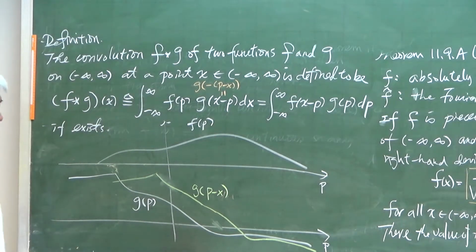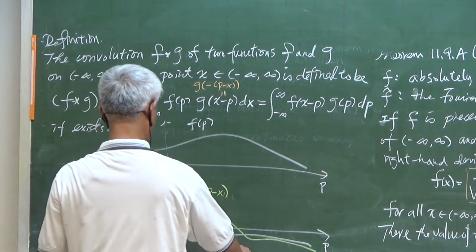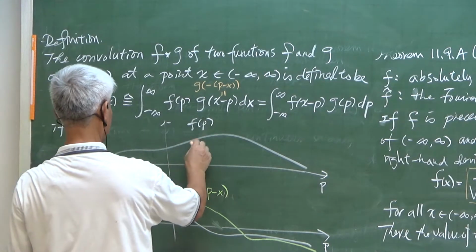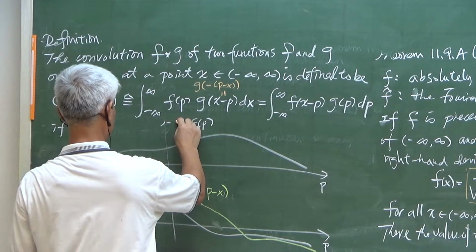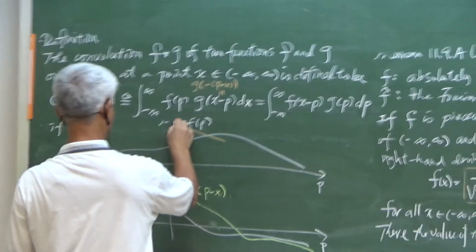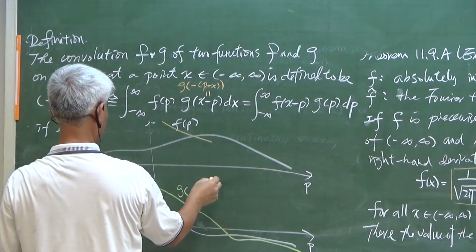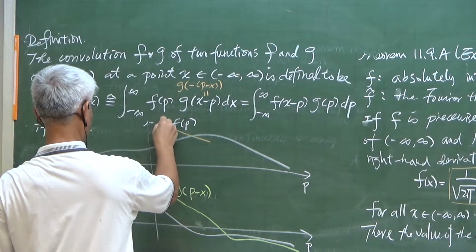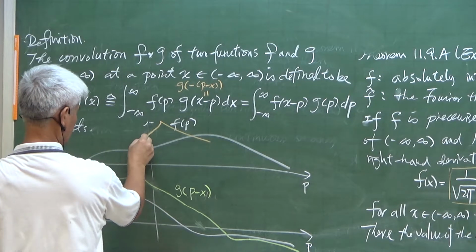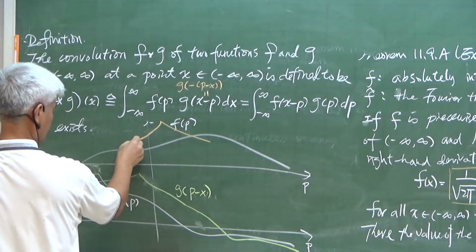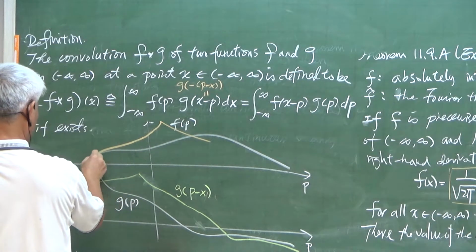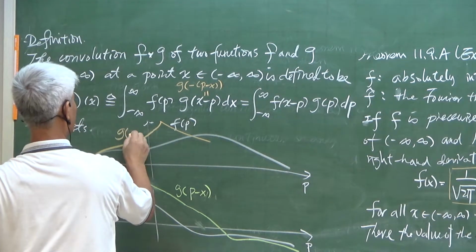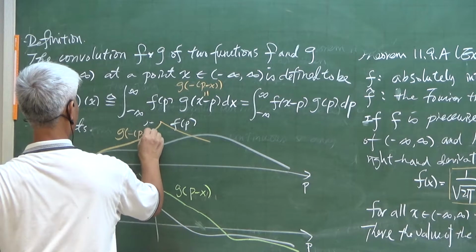Then you reverse that, so this is g of minus p minus x.